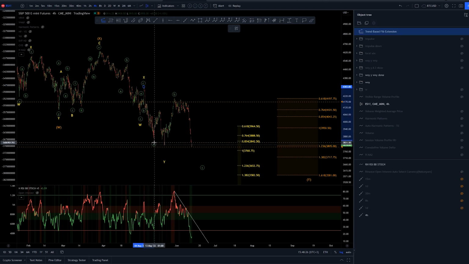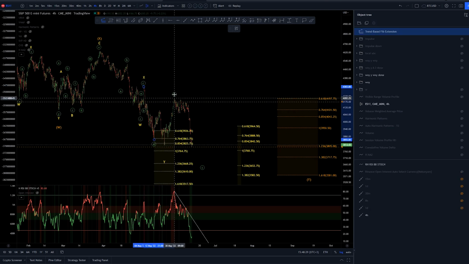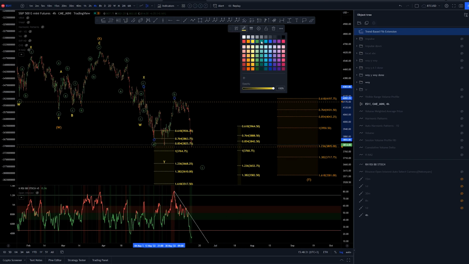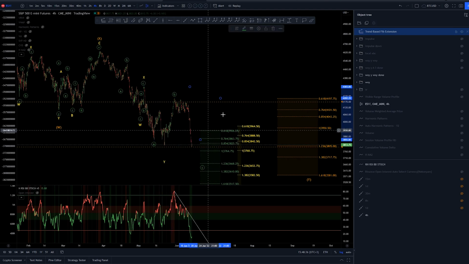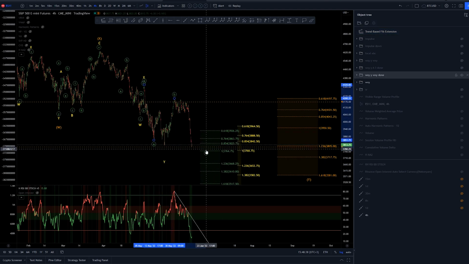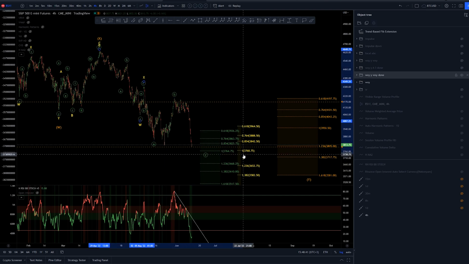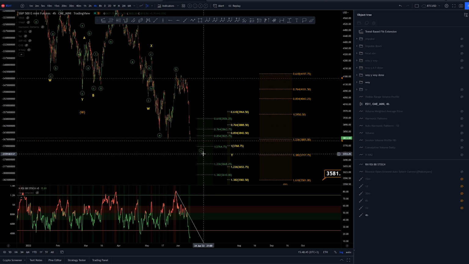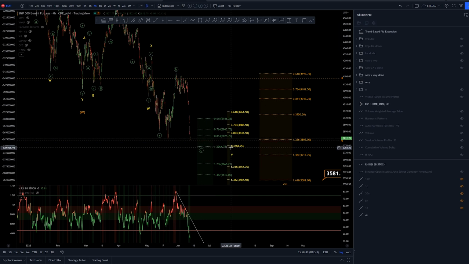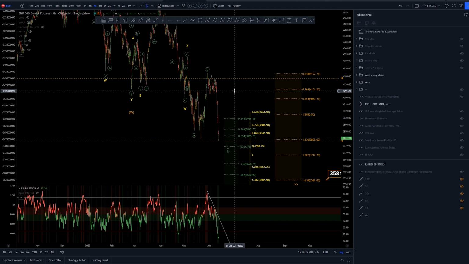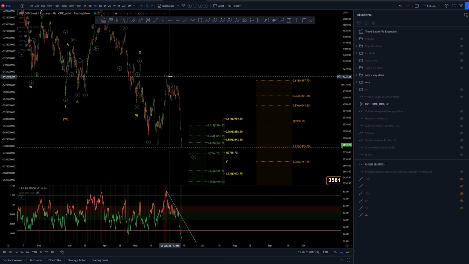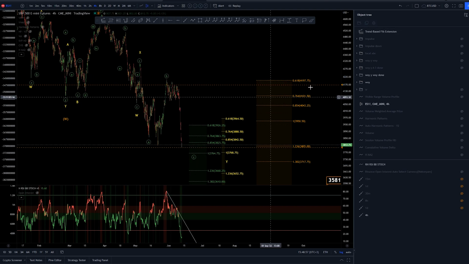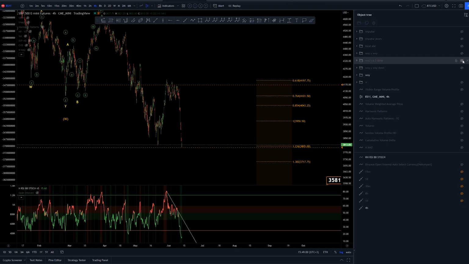Now we can take another look at the targets here, color them properly, and have these as the targets. 1-to-1 extension is lining up really well here on this ABC pattern, and this WXY here earned $3,760 something. But again, of course there are possibilities for something else, but we can keep this as a possibility still.